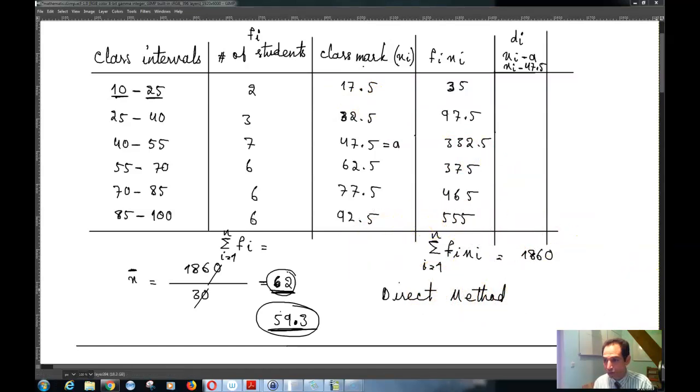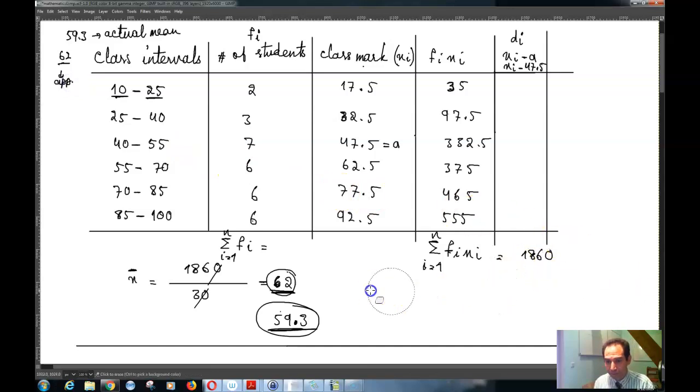Let me note down these values somewhere over here because I might need them. 59.3 was the actual mean, and 62 was the approximation.